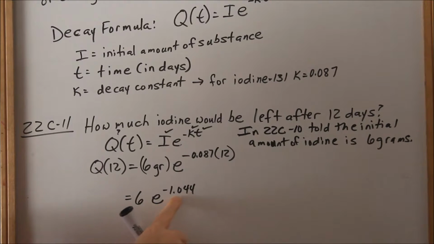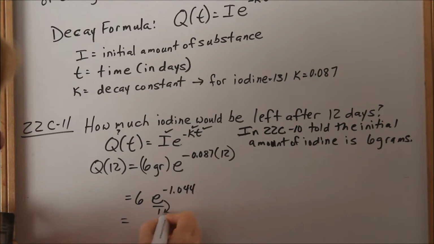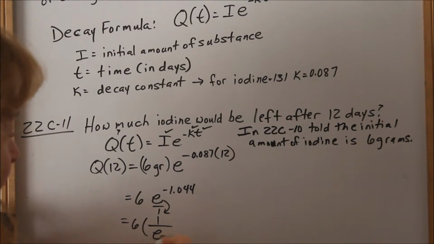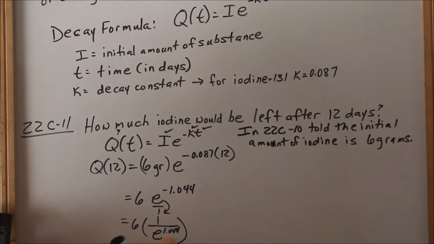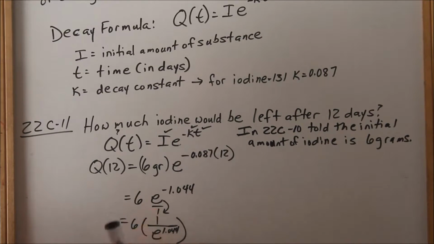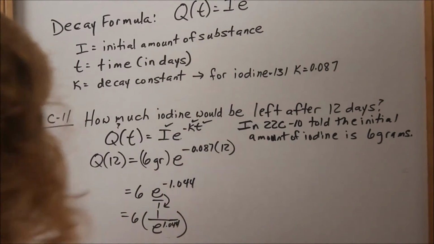So I need to get e to the negative 1.044 first before multiplying it by 6. In order to make that exponent positive, you change the place of the base. So this is 6 times 1 over e to the 1.044. You're doing e to the 1.044, and then you're doing the reciprocal of that, or 1 divided by that.